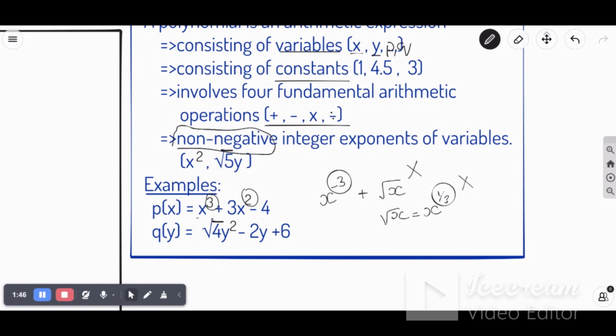We can write a polynomial only with x cube or x square, integer exponents only. We can't use the square root, because the powers will become fractions, and even though it is positive, it is not an integer exponent. So this basic understanding will go to our question.